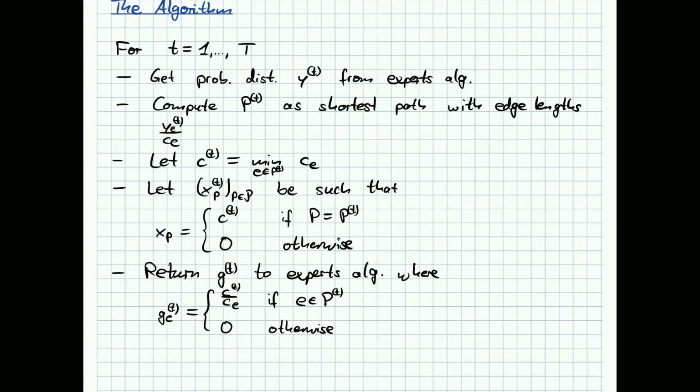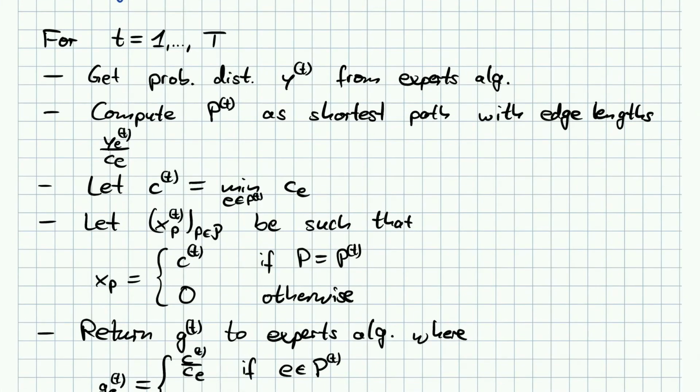So I hope you see that we now have the expert's algorithm. I should have mentioned, and maybe let me say this once explicitly, because I maybe said this too implicitly so far: we'll have one expert for each edge. And now this expert's algorithm proposes this vector yt.